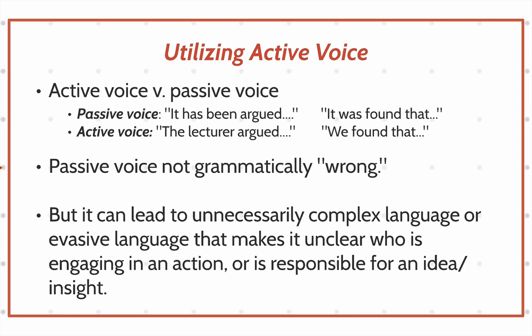There are some instances in which perhaps that information is unknown. And so you have to use passive voice because you can't assign a subject and be sure who is engaged in the action. But oftentimes in writing, we engage in passive voice in order to kind of be evasive, right?